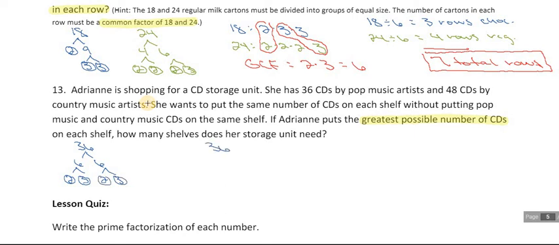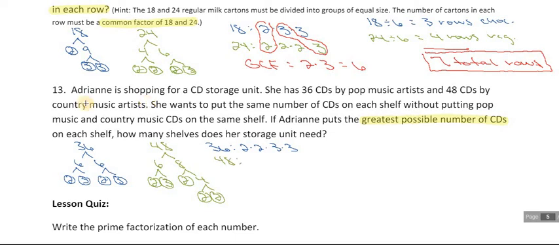So 36 is 2 times 2 times 3 times 3. I've got 48. 48 is 6 times 8. 6 is 2 times 3. 8 is 2 times 4. And 4 is 2 times 2.